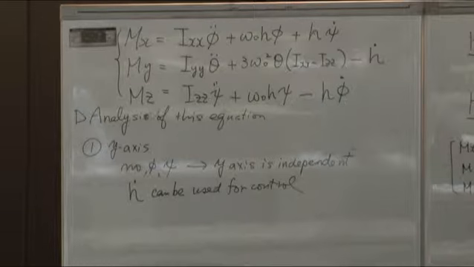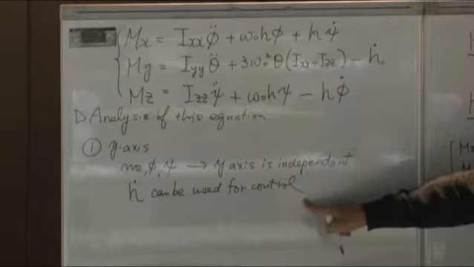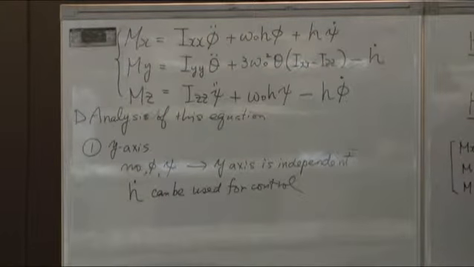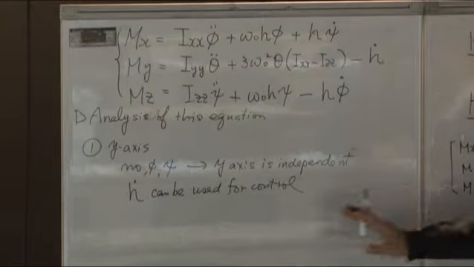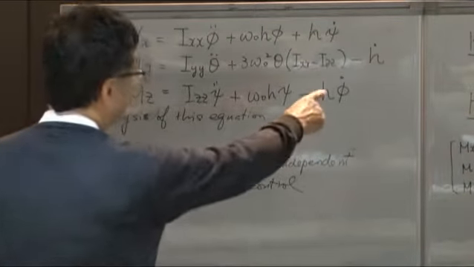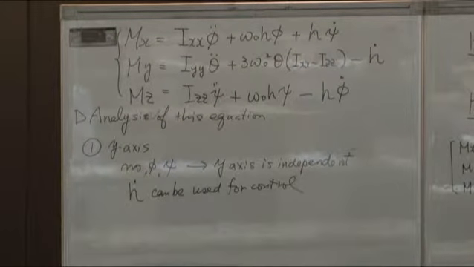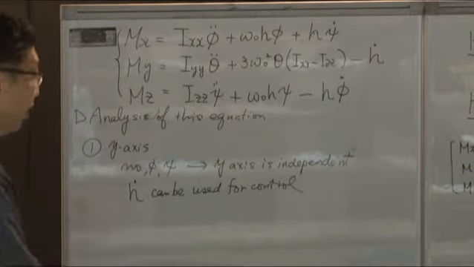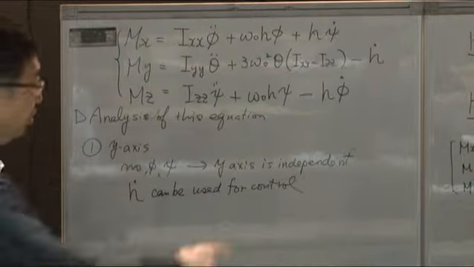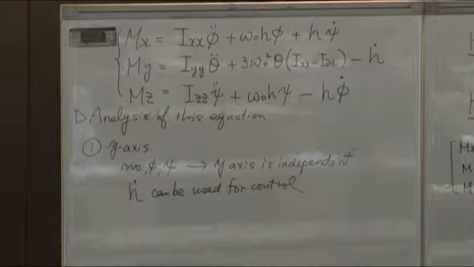So h dot means change of the speed of the reaction wheel, momentum wheel. By changing the speed of the momentum wheel, it will generate some control torque. So h dot can be used for control because we have the h dot term here. I'd like to go into detail later.